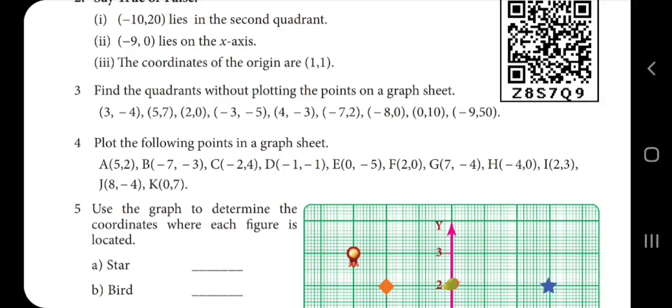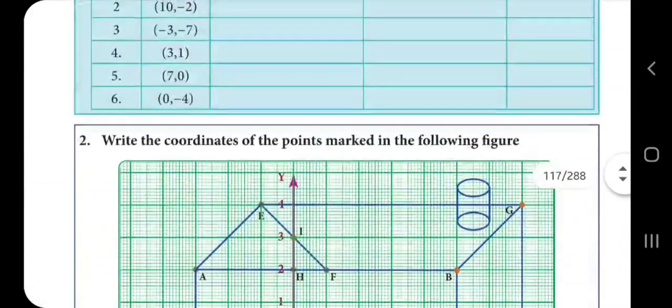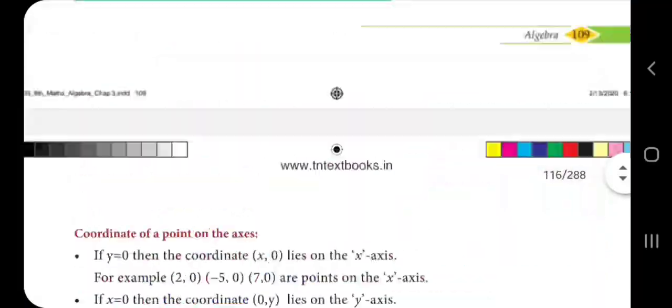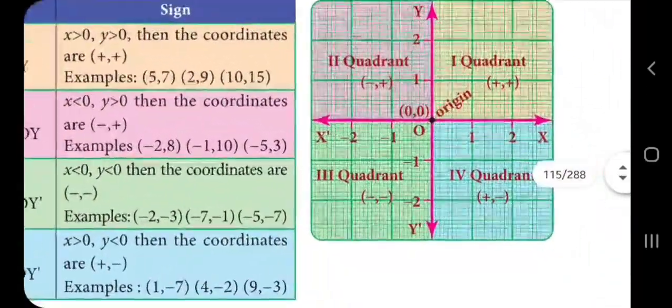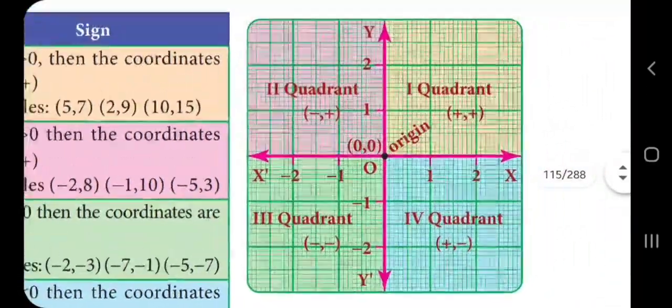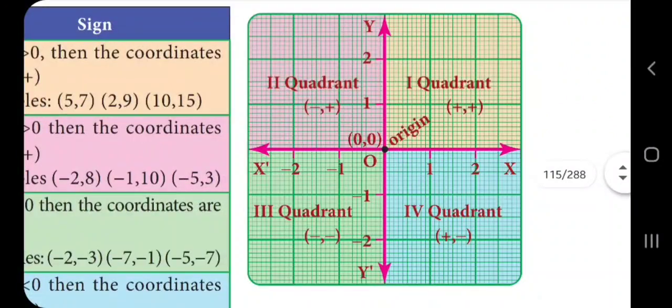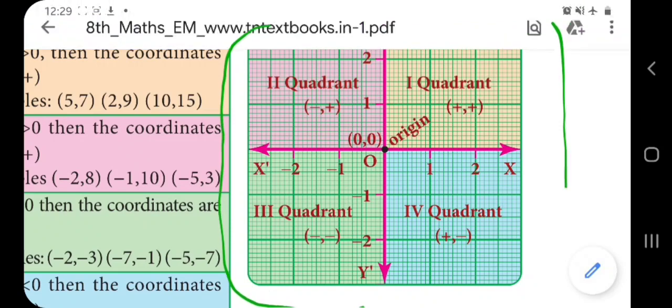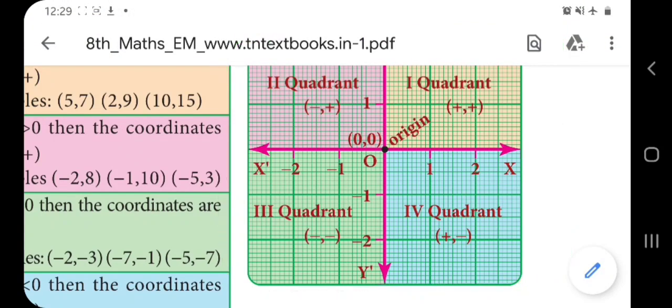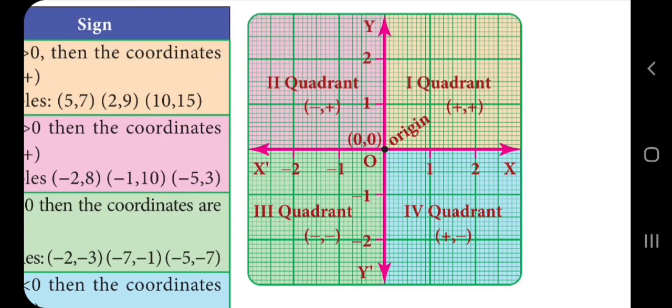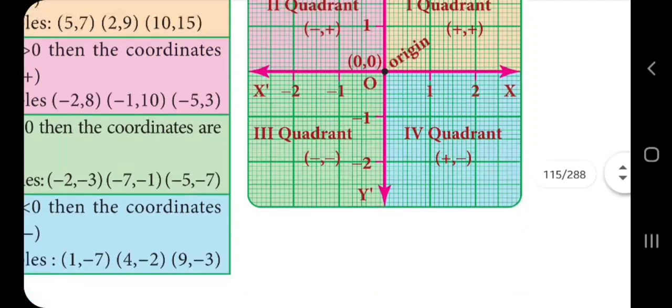I have already told you. Go through this page. Both positive means first quadrant, negative and positive means second quadrant, both negative means third quadrant, positive and negative means fourth quadrant.